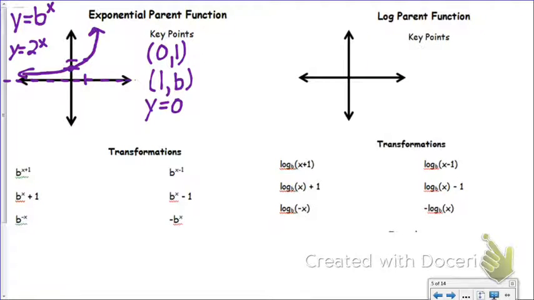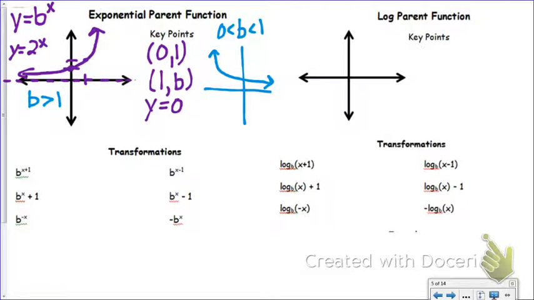Now, one thing to keep in mind is that this parent function assumes that the base is greater than 1. There is the possibility that your base is smaller than 1, but still greater than 0. We're also not going to look at a base of 0, because 0 to any power would also be linear. But if I were to look at a base between 0 and 1, my graph would actually be reflected and would go this way.